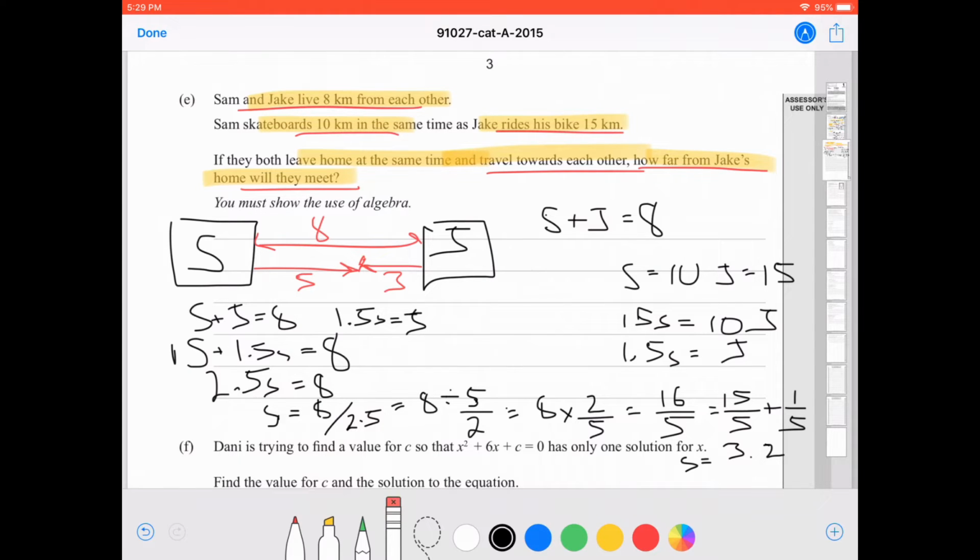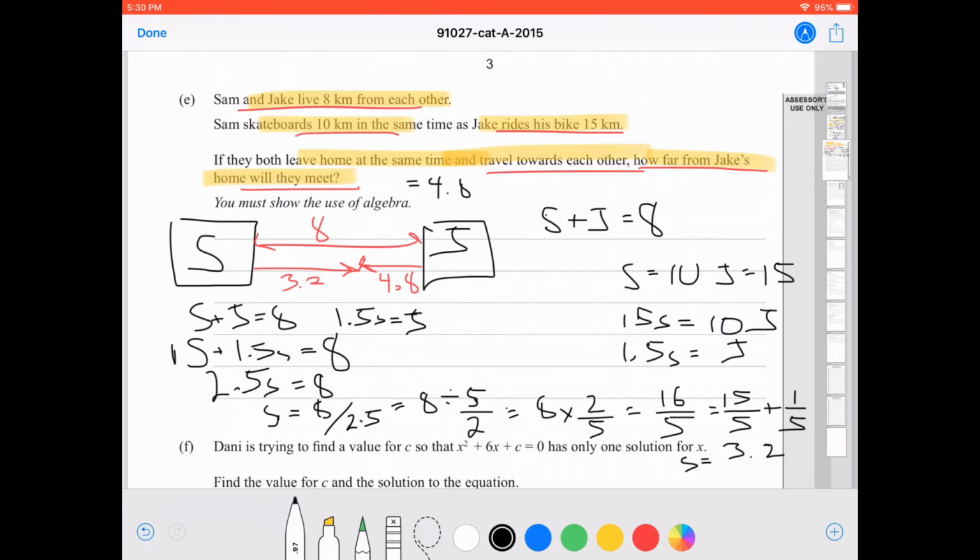And if we take it back to our little diagram here, instead of 5, we can say s is 3.2, and therefore, according to our equation, s plus j equals 8, j must equal 8 minus 3.2, which is 4.8. Okay, so how far from Jake's home will they meet? Well, they meet 4.8 kilometers from Jake's home.